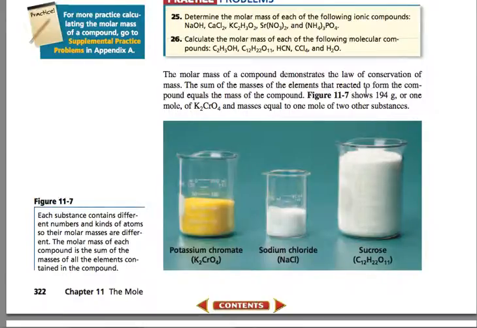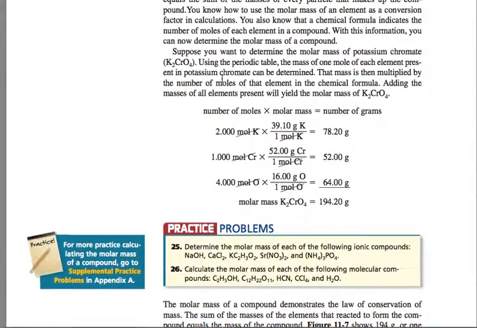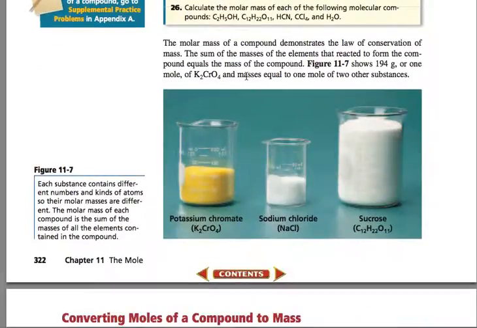Figure 11.7 shows 194 grams, or 1 mole, of potassium chromate, and masses equal to 1 mole of 2 other substances. So here's 1 mole of potassium chromate, 1 mole of sodium chloride, and 1 mole of sucrose. Notice the volumes are different.